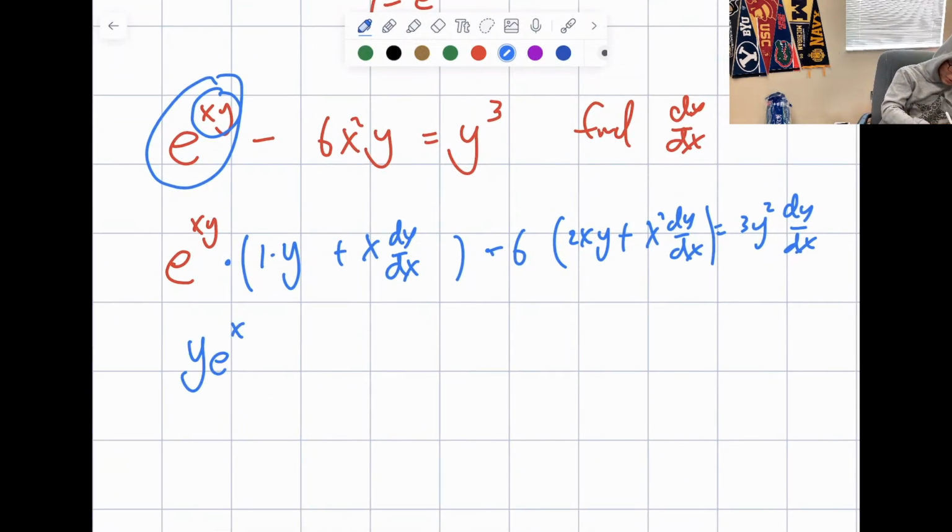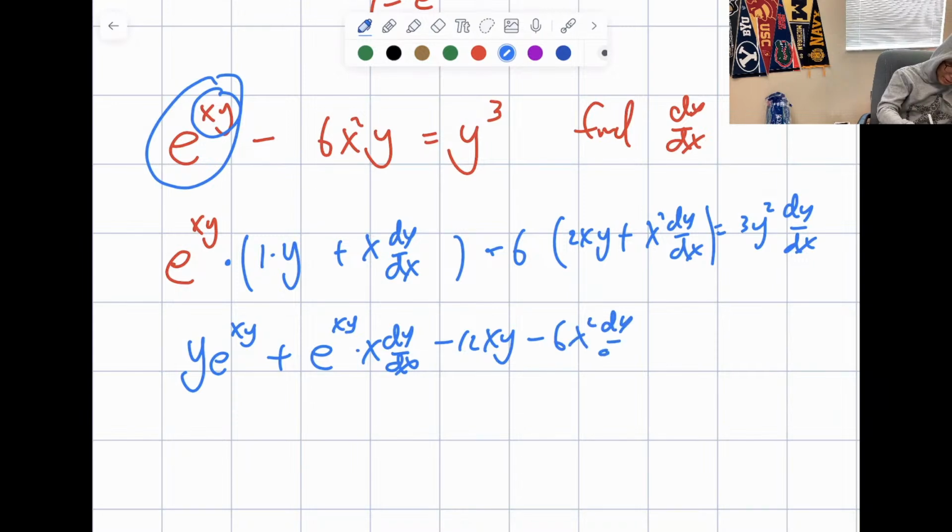y e to the xy plus e to the xy x dy dx minus 12xy minus 6x squared dy dx is equal to 3y squared dy dx.